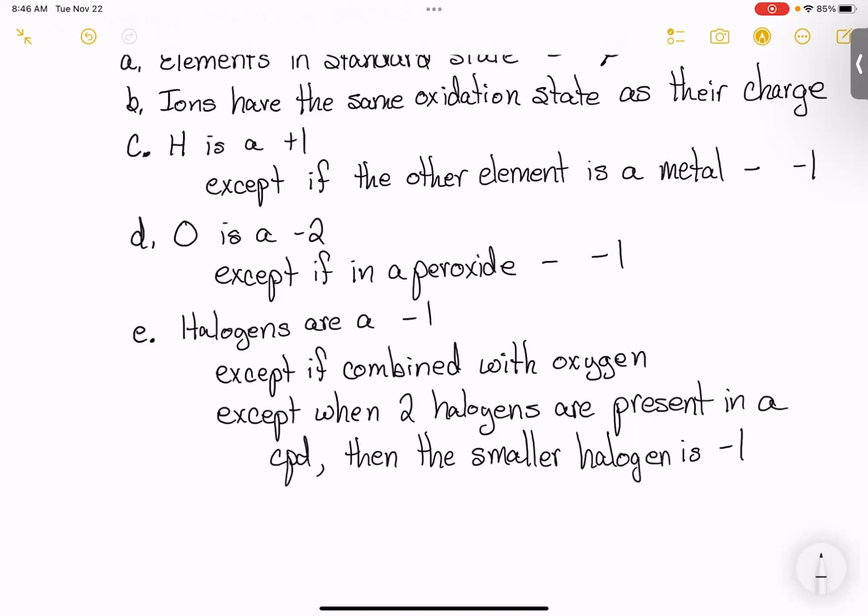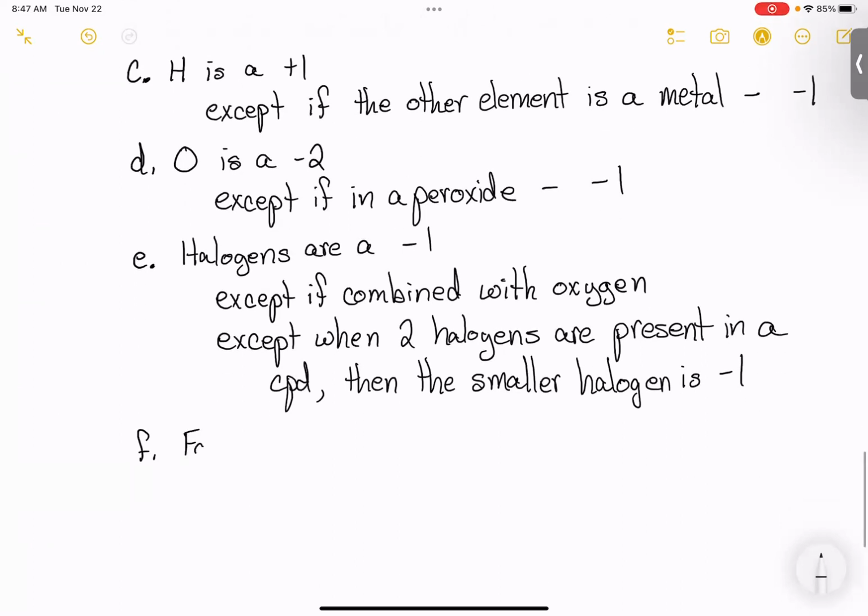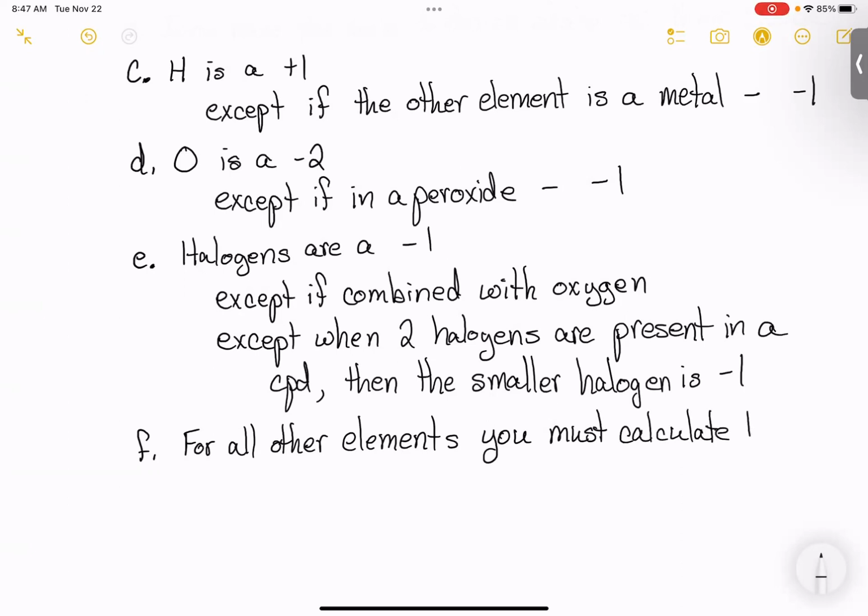I'm fixing to go over that, because in all other cases, including that larger halogen, for all other elements, you must calculate this oxidation state.